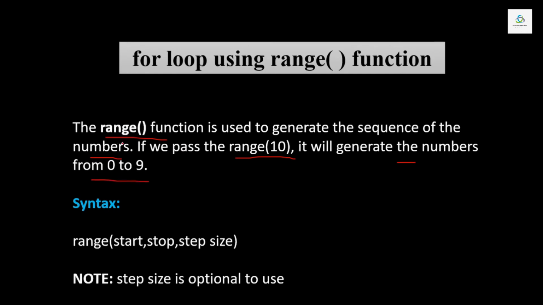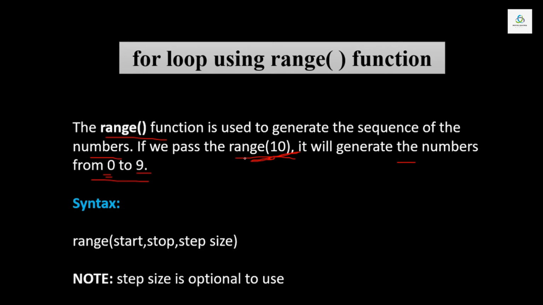It always generates numbers from 0. If our initial value is not given over here, it will take 0 by default and it will go till the number minus 1. Whatever size you give over here, it will go 1 less. So it is going 10 minus 1, meaning 9.